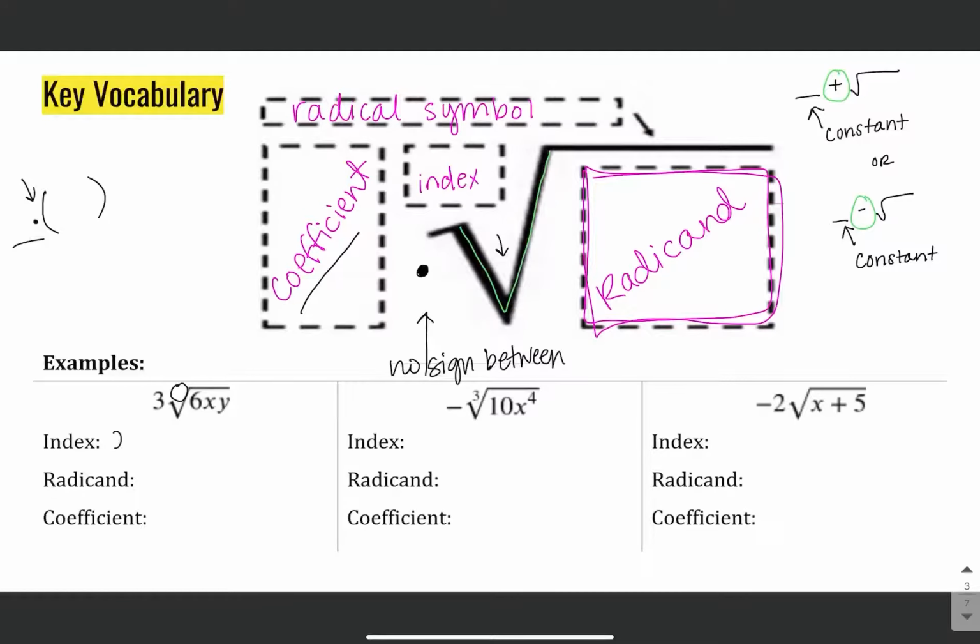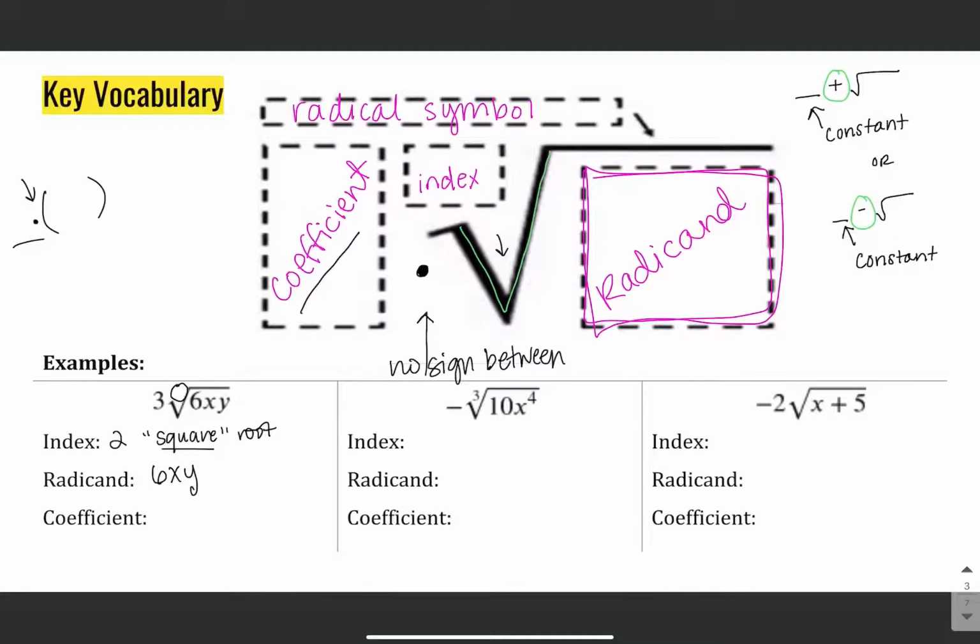So technically our index is a 2, and we would call this a square root. And again, square meaning 2. All right, your radicand is written on the inside. So hopefully you would recognize that as 6xy.